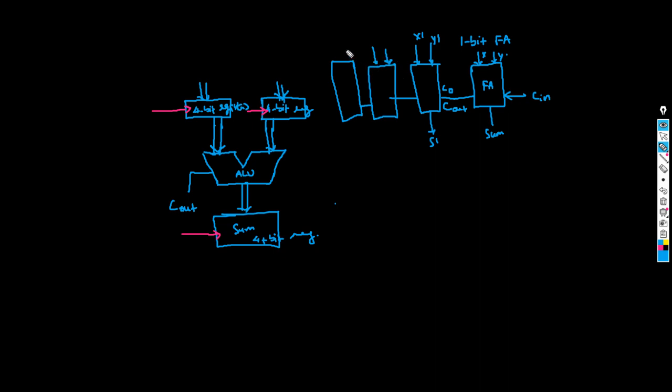Is this the best thing that you would design if you are looking for a faster system? No. Then what would you do? Parallel connection. But how do you calculate your carry?